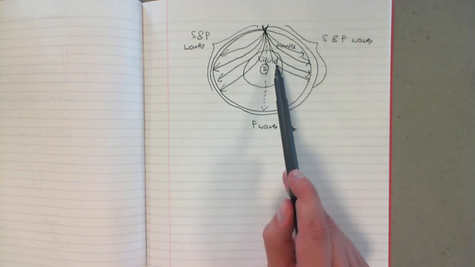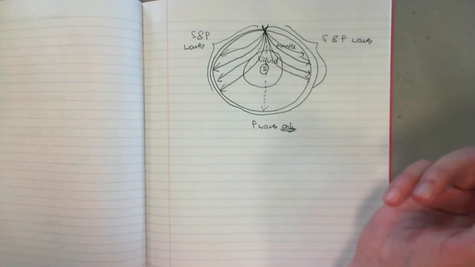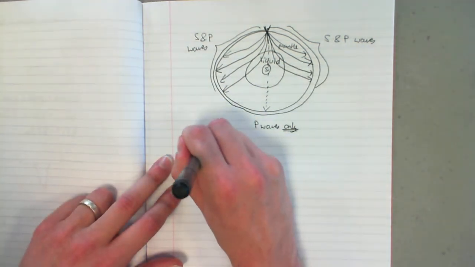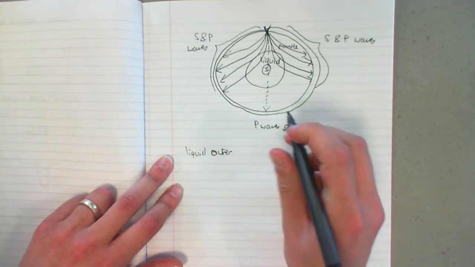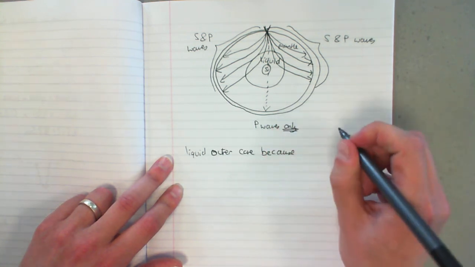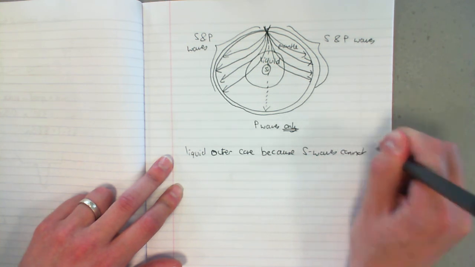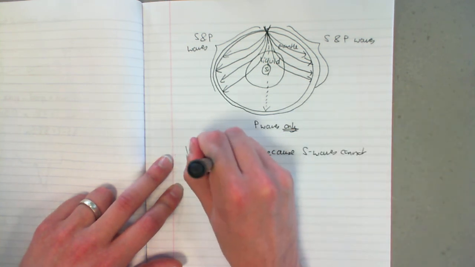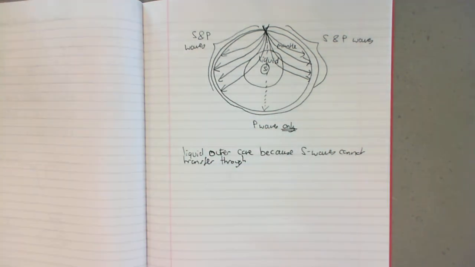And because they cannot travel through liquid, we know that the outer core must be liquid, because the S waves cannot transfer through. So liquid outer core.